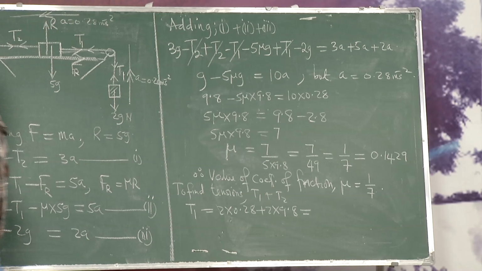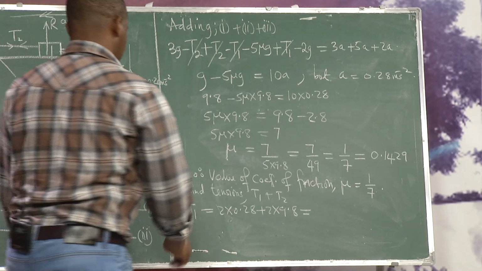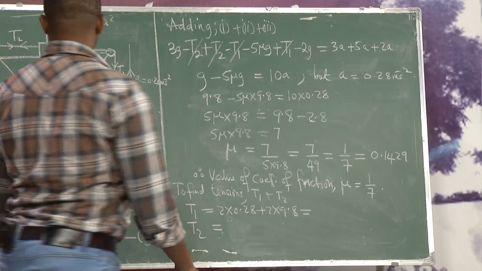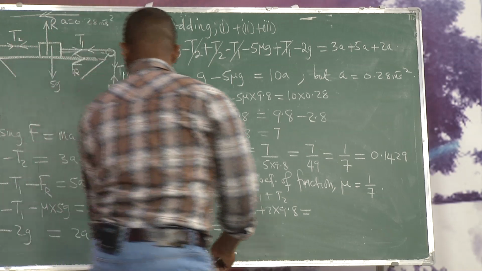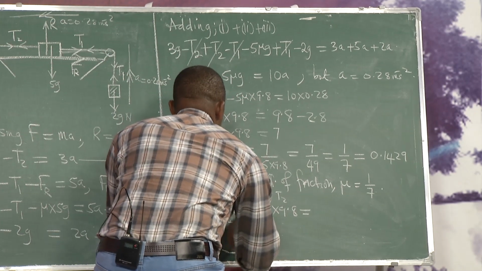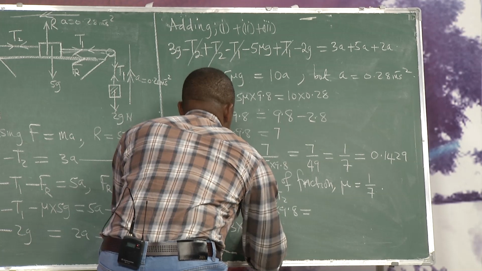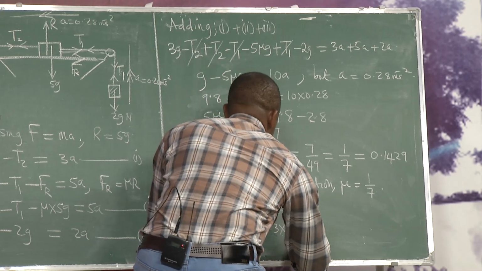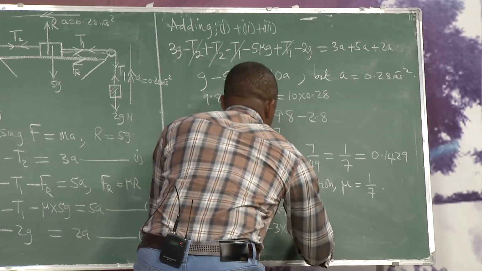Remember, in applied maths, g is 9.8. And when we compute that, we shall get the answer. And to find T2, we shall use the first equation. Our T2 also will be 3 times 9.8 minus 3 times 0.28.